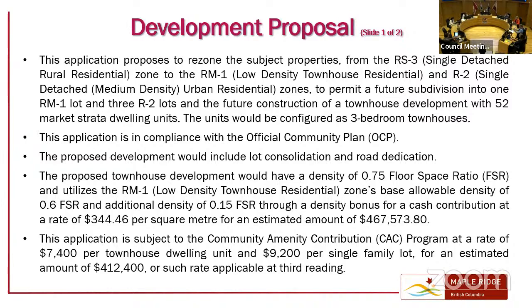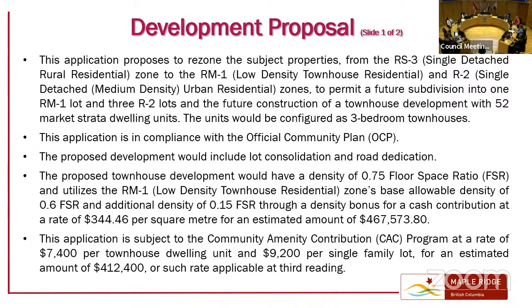The proposed townhouse development would have a density of 0.75 floor space ratio and utilize the RM1 zone's base allowable density of 0.6 FSR and additional density of 0.15 FSR through a density bonus for a cash contribution at a rate of $344.46 per square meter for an estimated amount of $467,573.